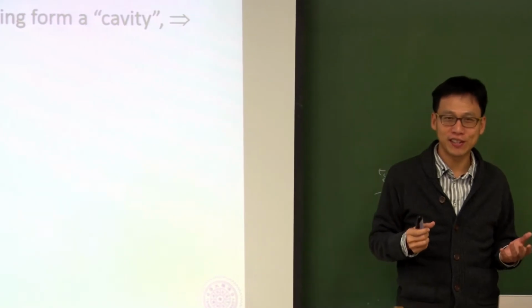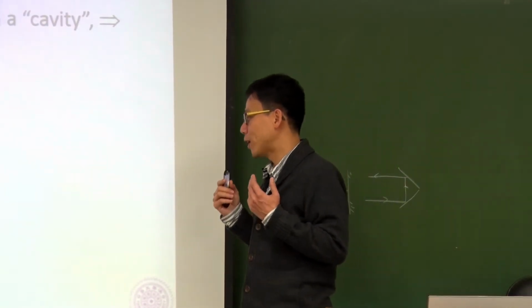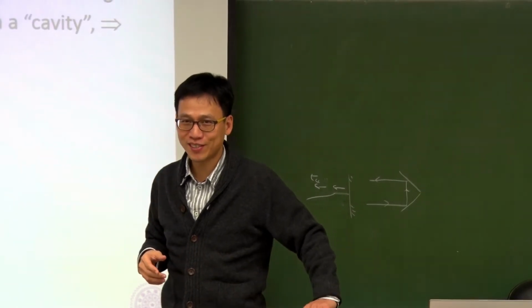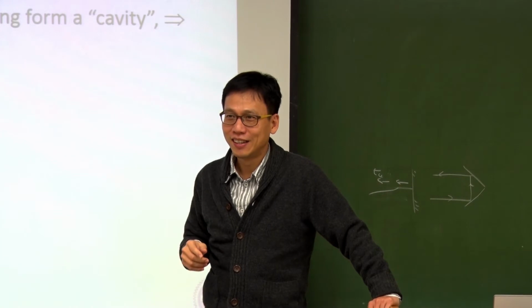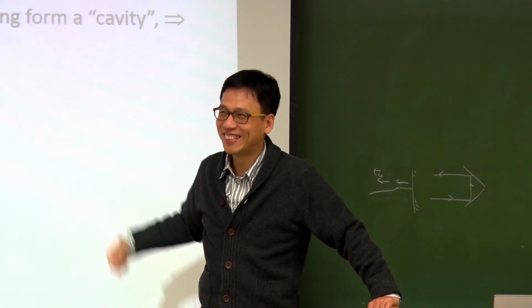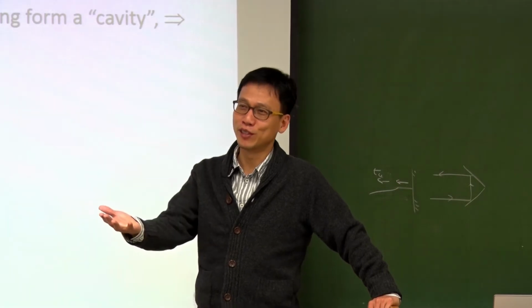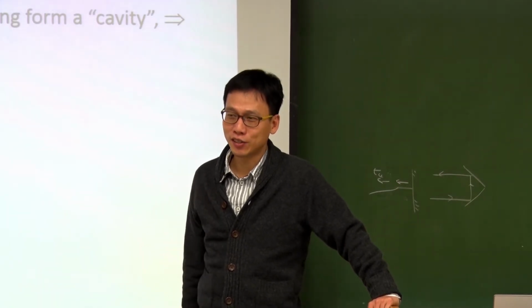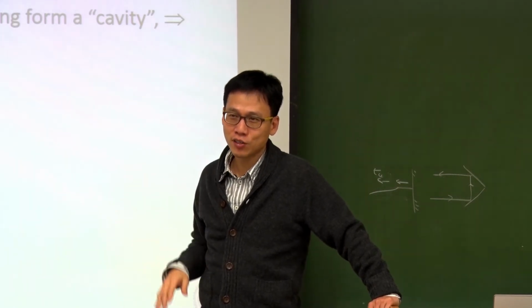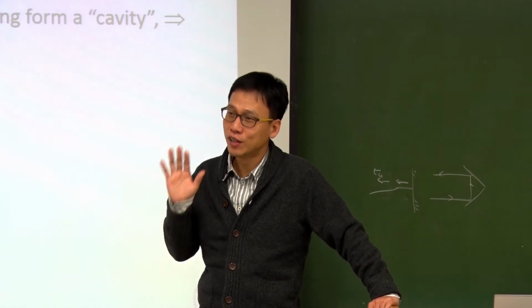You have resonance, and the signature of resonance in the frequency domain is what? You have a periodic transmittance. Fabry-Perot interferometer, right? And actually, the periodic structure is not only for the reflectance, but also for the phase.